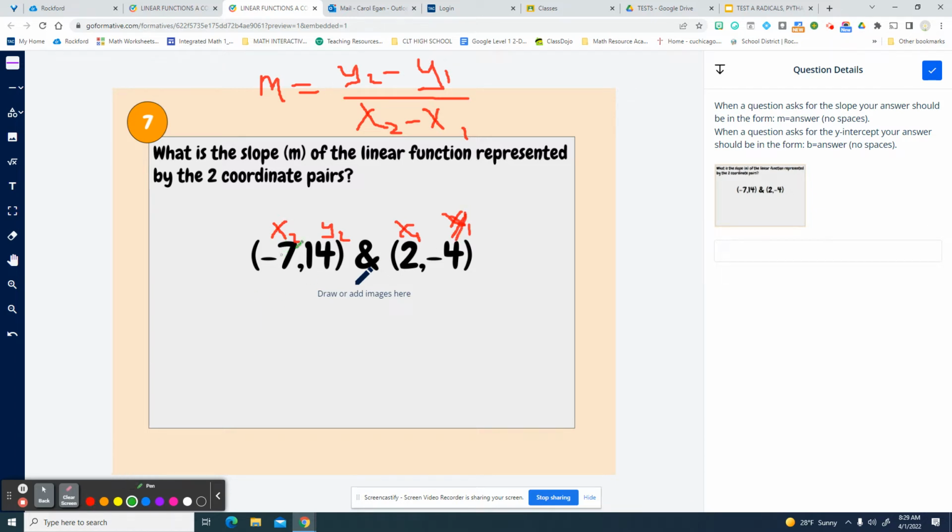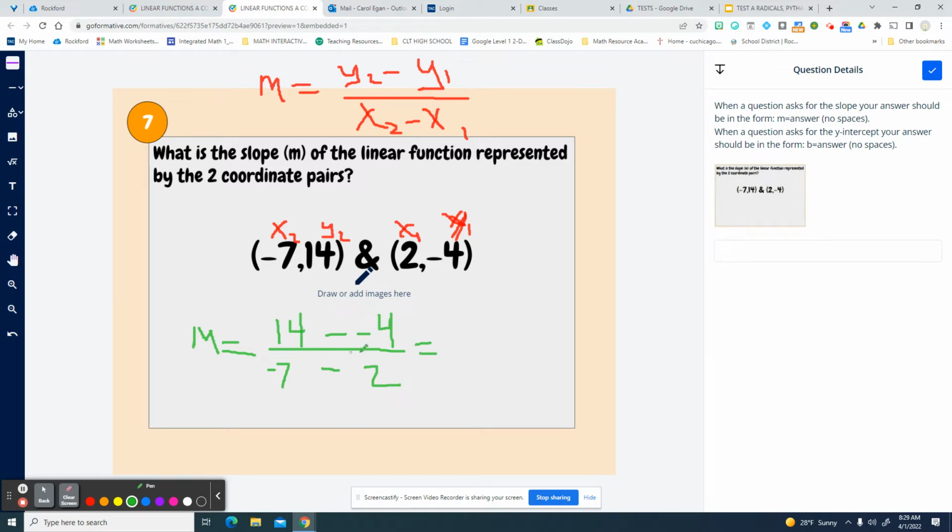So let's go ahead and put this information in here. So I'm going to take both of these and put them where they need to go. So m equals y2, which is 14, and its matching x needs to go right underneath it. So x2 is -7. Then I'm going to subtract, and take my second point, and again, kind of flip it in my head so it's -4 on top, 2 on the bottom.